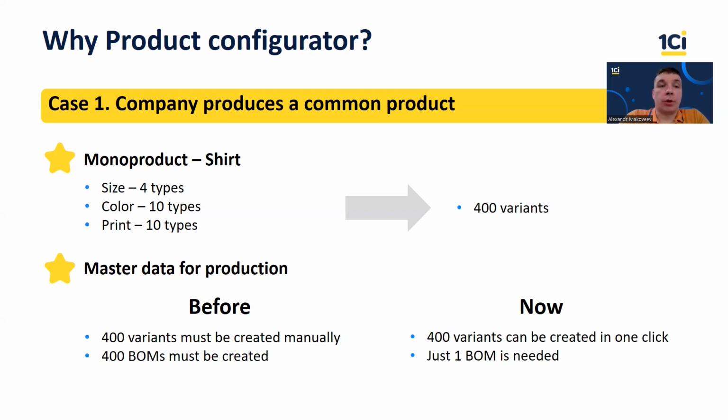In some cases, companies that use our product produce a common product, like a mono product, a shirt for example. All of them are pretty close, pretty similar, but have some differences, for example different sizes, different colors, different prints. The best way in OneDrive to describe it is to create variants with these values of additional attributes like size, color, prints.